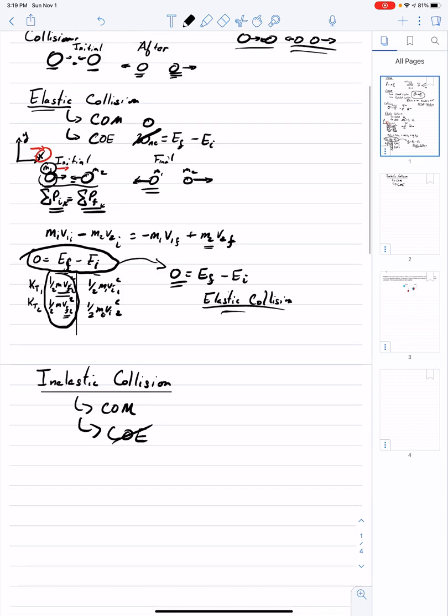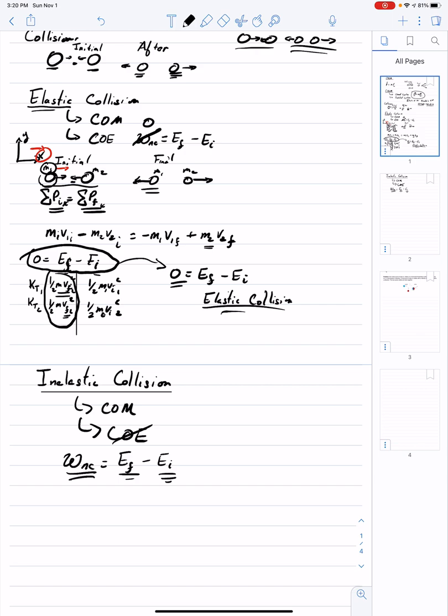The main difference is that once you do the analysis for conservation of energy, and you find that the final and the initial mechanical energies do not equal zero, it means that there is some work due to non-conservative forces, and because there is some work due to non-conservative forces, there is inelastic collision. That is the main difference.